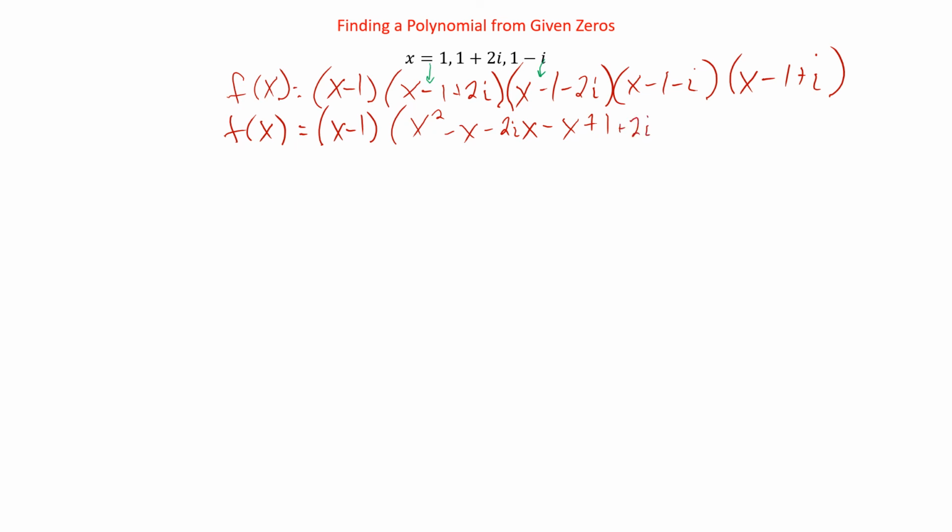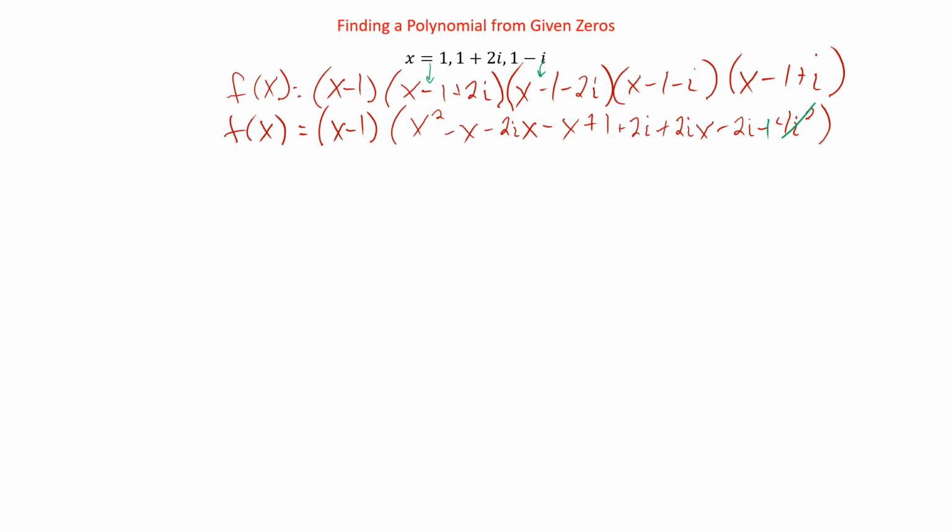And then the 2i times x is plus 2ix. 2i times negative 1 is minus 2i. And 2i times negative 2i is going to be negative 4i squared. Now we'll simplify this in a second, but remember that i squared will end up being a negative 1. So that goes away, and that just becomes plus 4.